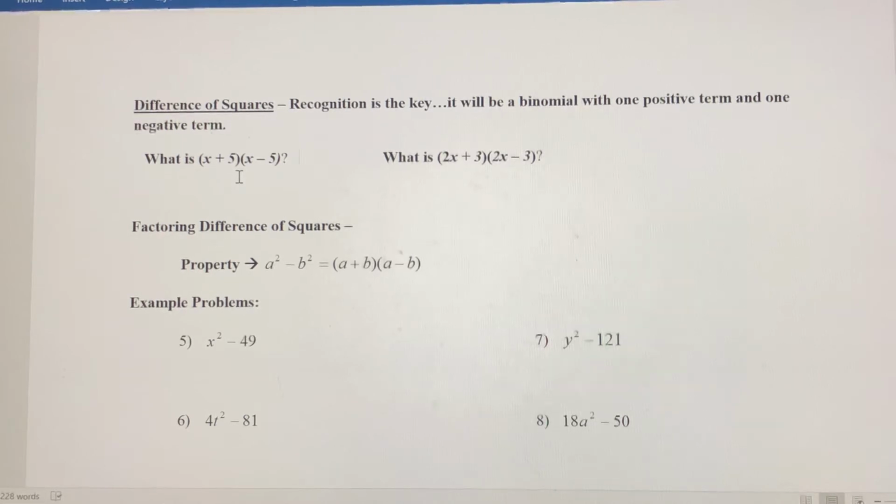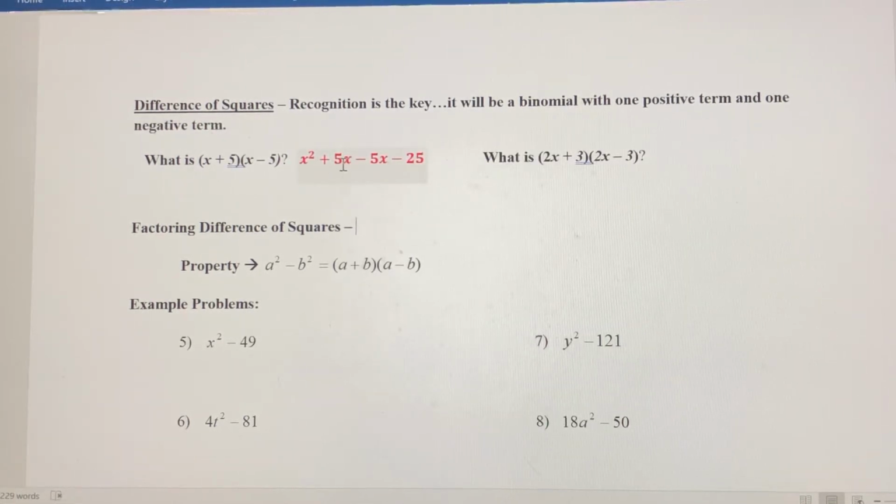When I multiply x plus 5 times x minus 5, I get this first, and then notice here in the middle, the two like terms are opposites of each other, so they're going to cancel out, okay? So when I multiply x plus 5 times x minus 5, I get x squared minus 25, okay?